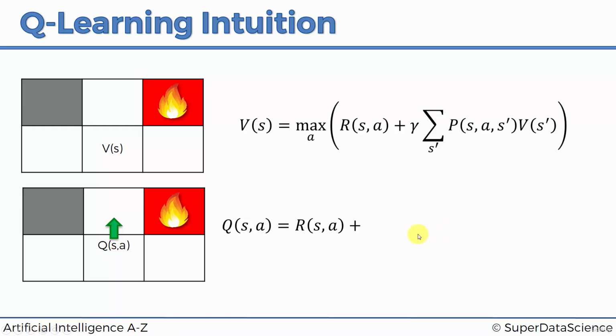But because he can end up in many different states, in 3 of the possible different states, we have to look at the expected value of the state that he'll be in. And so we're going to add that in. We're going to add, of course, the discount factor as we previously had, because that is somewhere in the future. And then we're going to add the sum across all possible states that he could end up in by taking this action, times the probability.